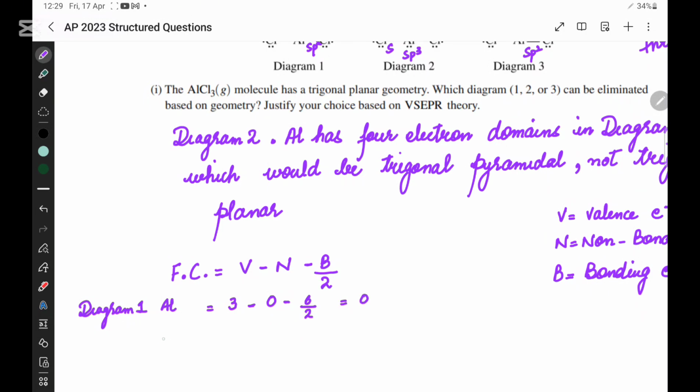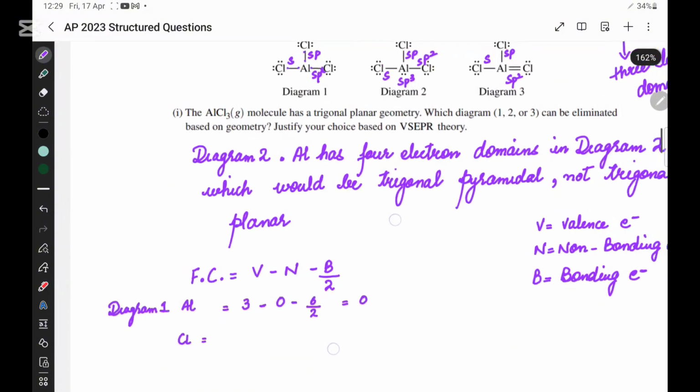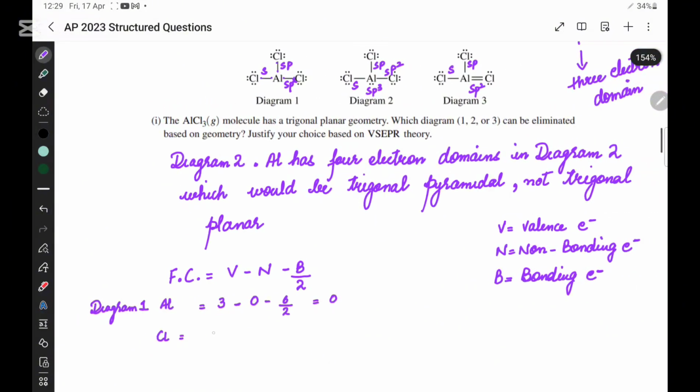And in diagram 1 we have chlorine as well. We have to find its formal charge as well. So chlorine is having the valence electrons which are 7, minus non-bonding electrons. How many non-bonding electrons in chlorine? We have 6 non-bonding electrons, because you can see 1, 2, 3, 4, 5, 6.